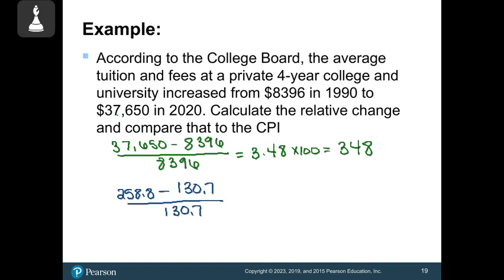This is going to give me 0.98, which times 100 is a 98% increase. So according to CPI, it should have only increased about 98%. What actually happened is we increased by 348%. The result is clearly a much higher increase than would have been expected from the CPI.